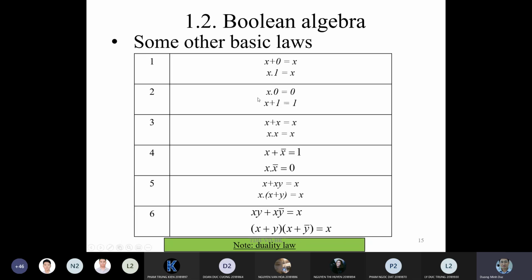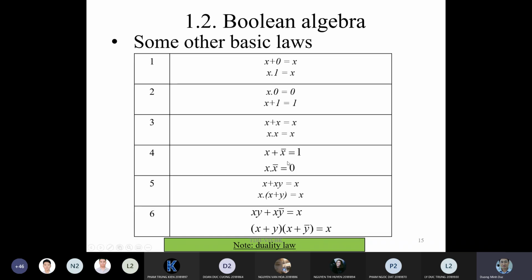Then we have the duality of the first expression is x plus 1 equal 1. Okay. And third is x plus x equal x. Then we change plus by multiply. So we have x multiply x equal x.